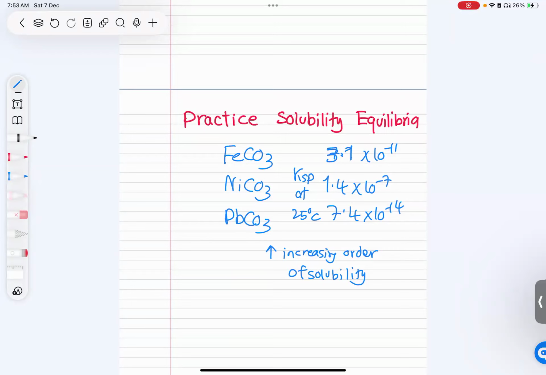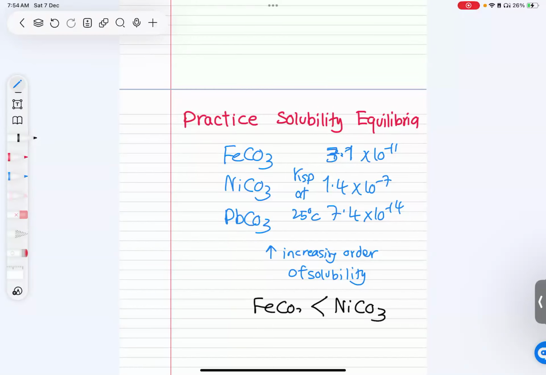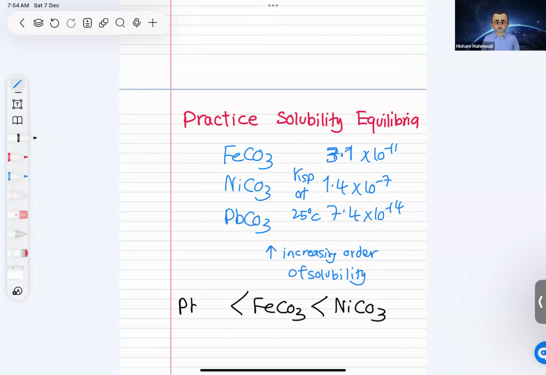Yeah, NiCO3 is the biggest number, so it has the highest solubility, right? And then in the middle there is iron carbonate, and the lowest one will be the lead carbonate. So the higher the solubility product, the more solubility the solution will have, of course.